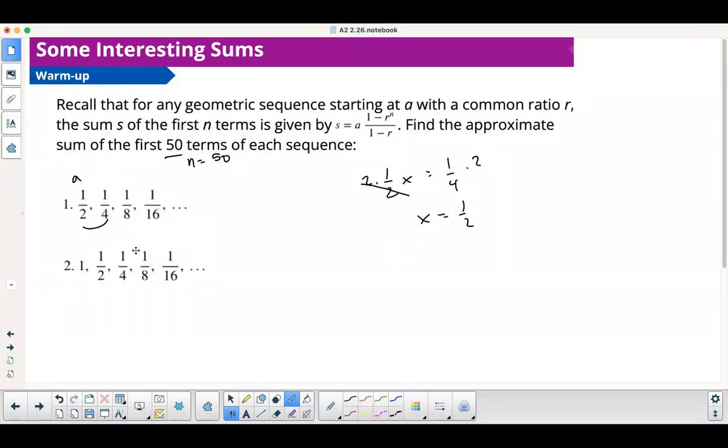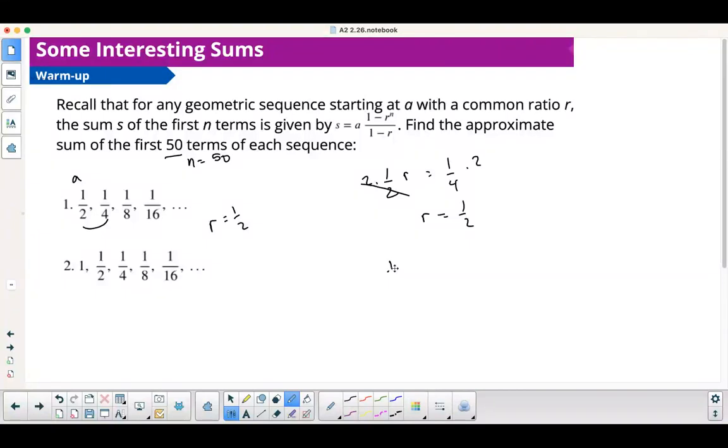Okay, so r is 1/2 as well. Maybe I should have used r instead of x. Maybe that would have been a little bit more appropriate. 1/2 times your common ratio. All right, so let's use the formula.